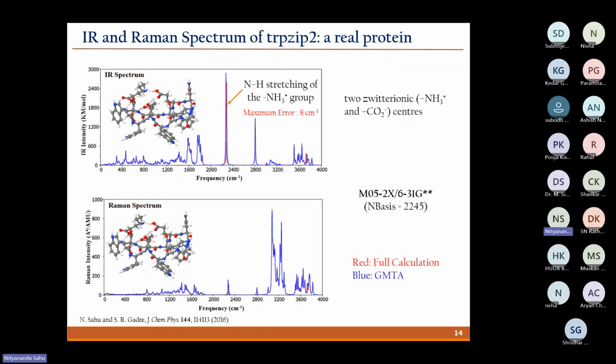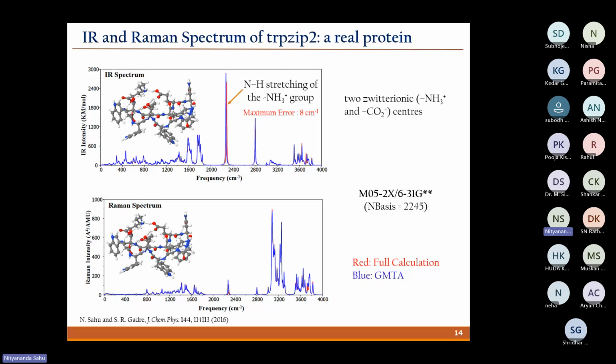And this is a spectrum comparison for a real protein, TRPZ2, which contains, I think, 207 or 208 atoms. The upper one is the IR spectrum, and the lower one is the Raman spectrum. The peak positions are well reproduced, except there is an NH stretching in the NH3 plus group.